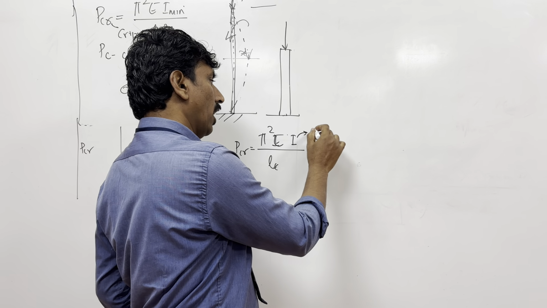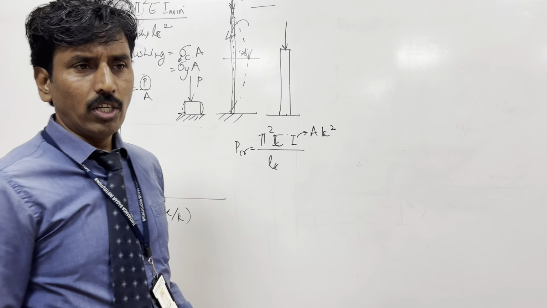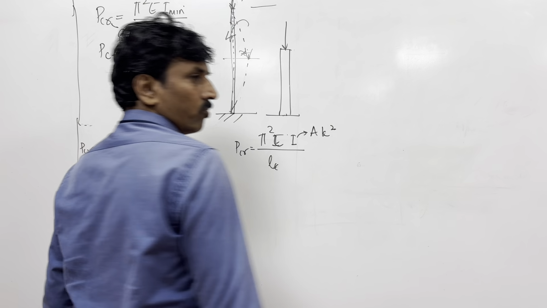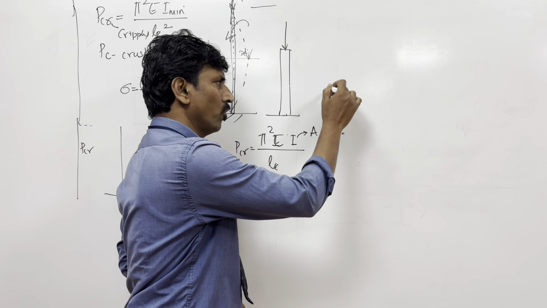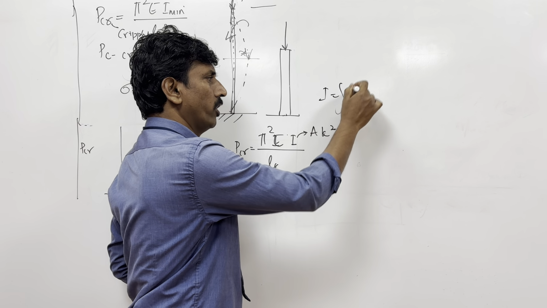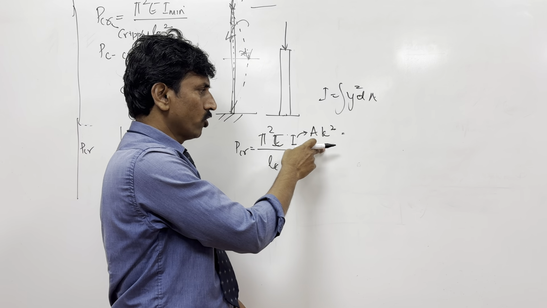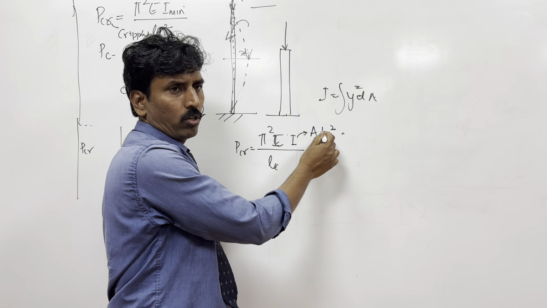This I is equal to AK square, which is the moment of inertia. You have seen I is equal to integral of y square dA during the derivation, that's the same. Where K is called the radius of gyration.